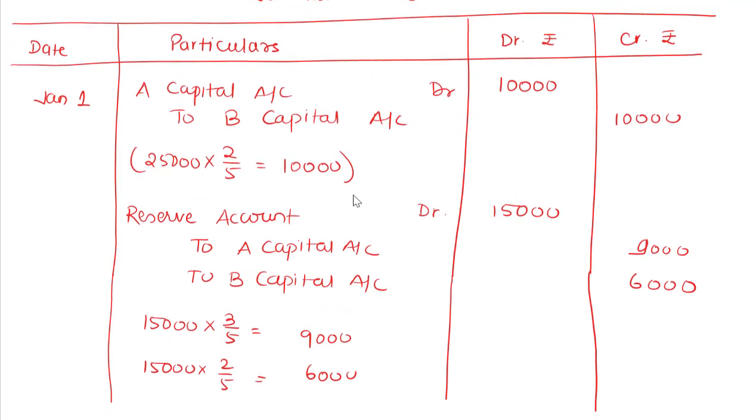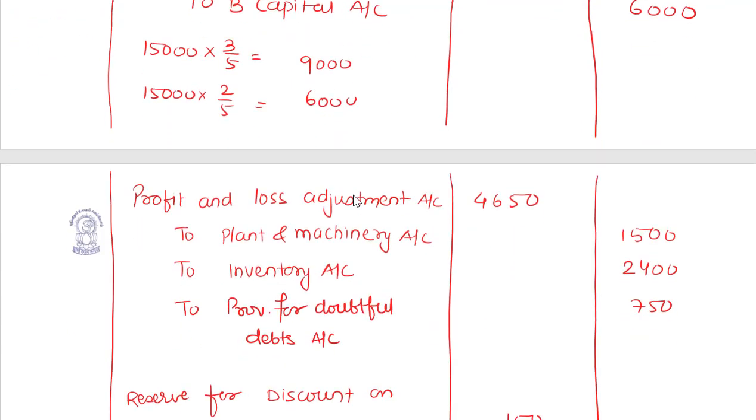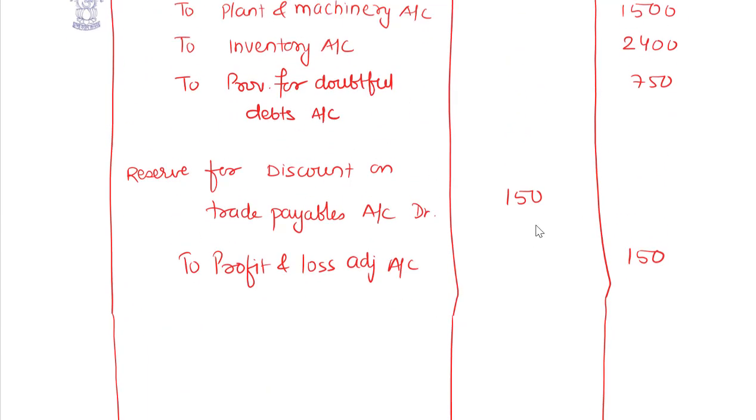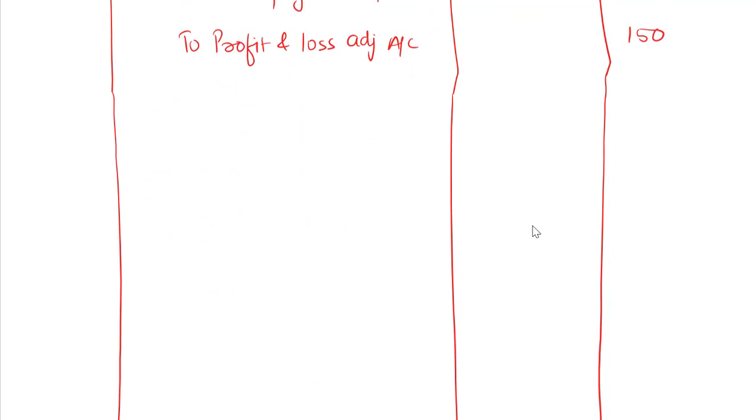Calculate profit or loss on the profit and loss adjustment account: 4,650 and 150. So it is a loss of 4,500, which is to be borne by the old partners.